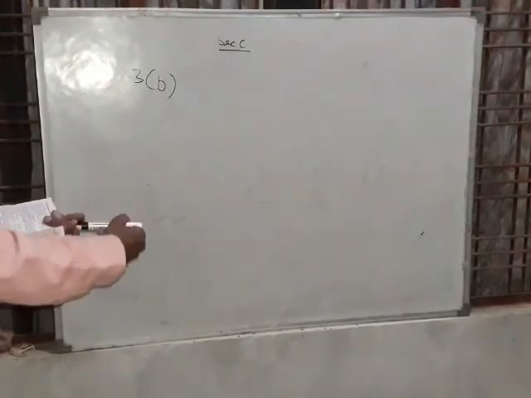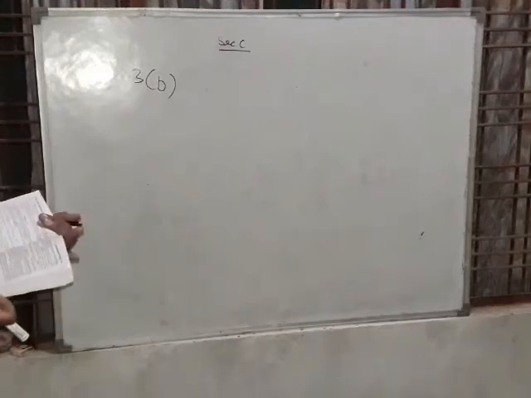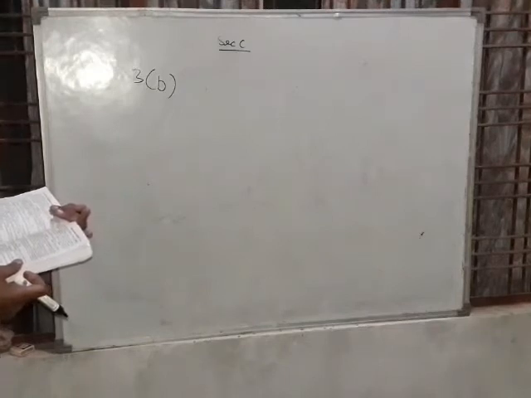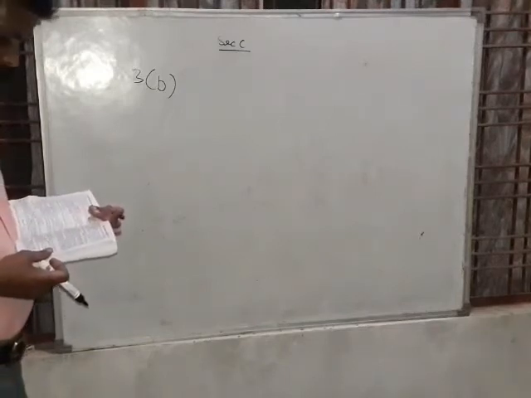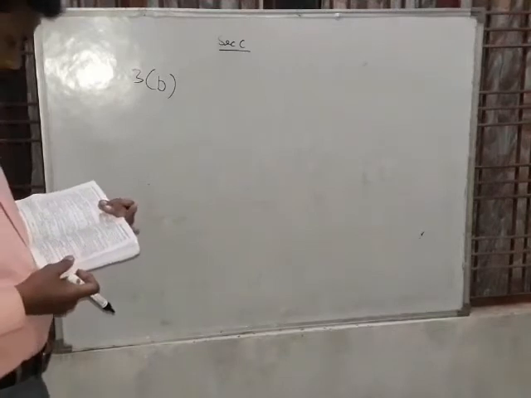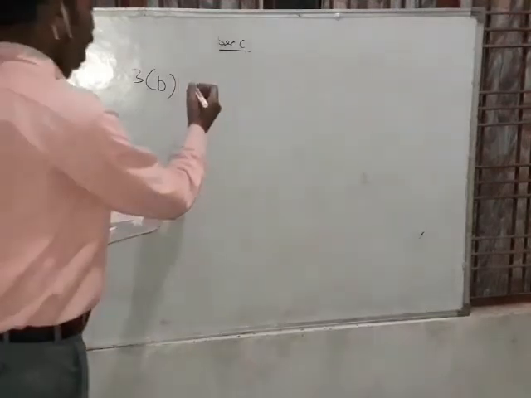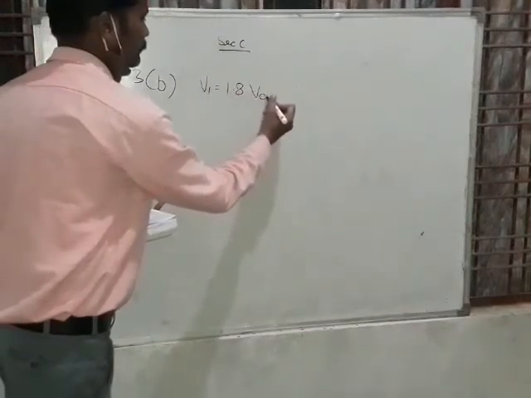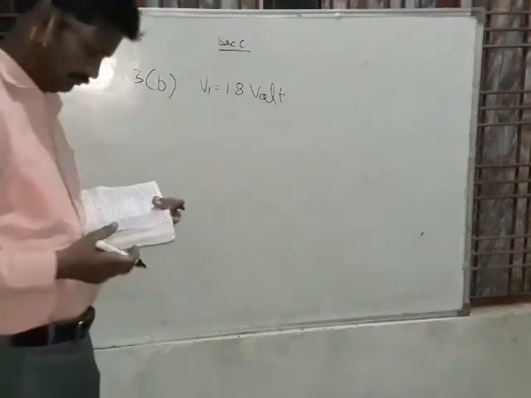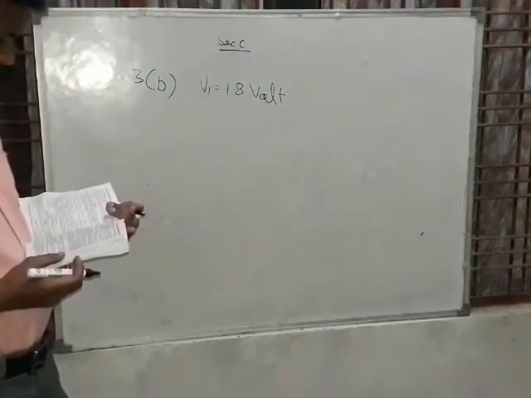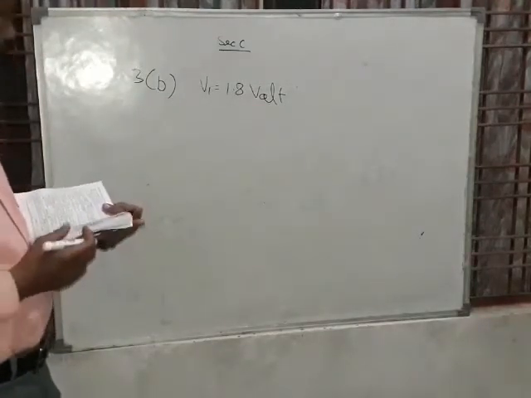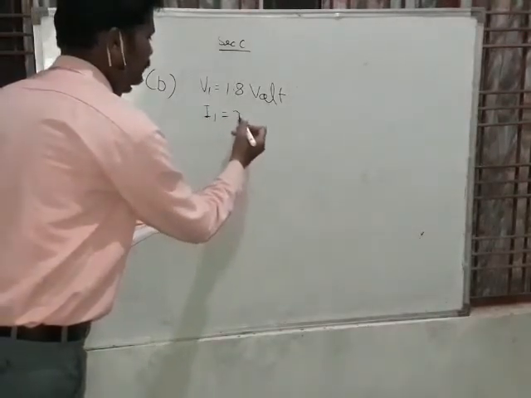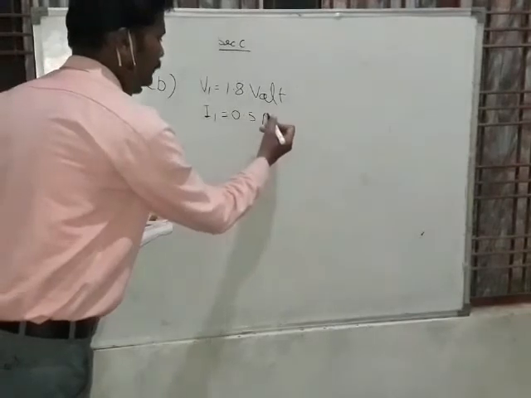A numerical is given along with this question. The potential difference of a cell becomes 1.8 volt, V1 equal to 1.8 volt, when 0.5 ampere current is drawn, I1 equal to 0.5 ampere.